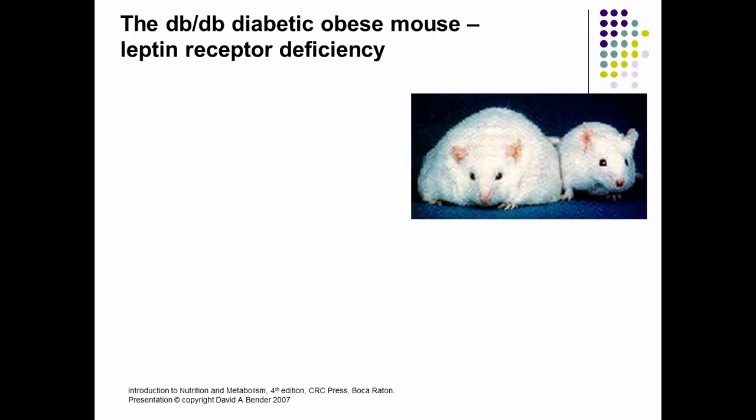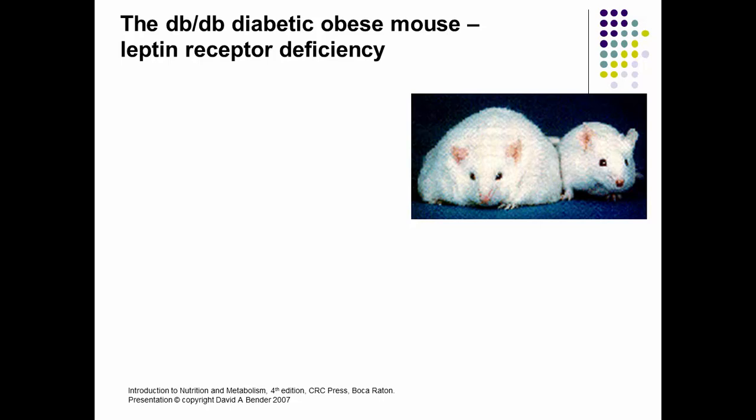The other type of model is called the DB/DB mouse. The DB/DB mouse basically is leptin receptor deficient. They still have leptin, at levels even higher than the normal mice. But leptin has to bind to its receptor to function, right? These DB/DB mice don't have leptin receptors, so although they have a high level of leptin, it cannot function.